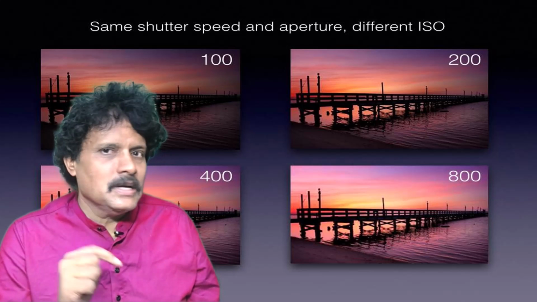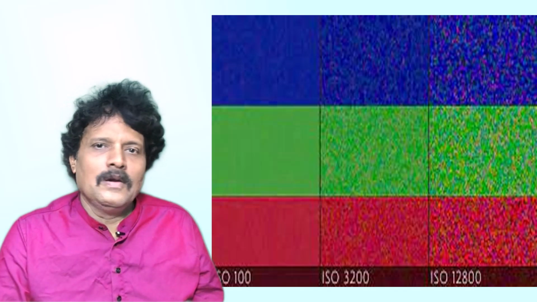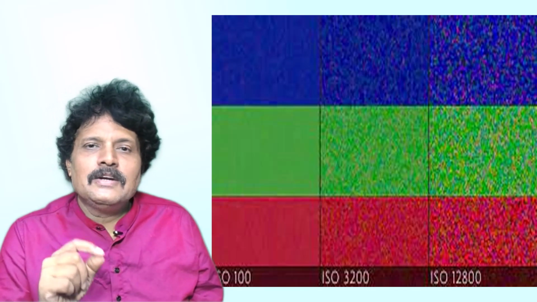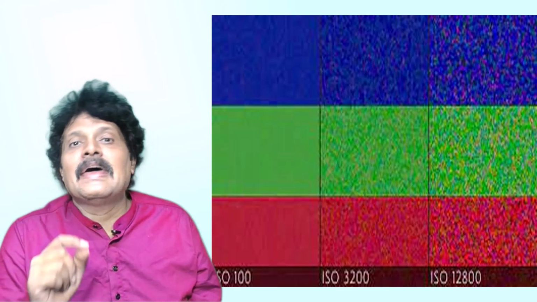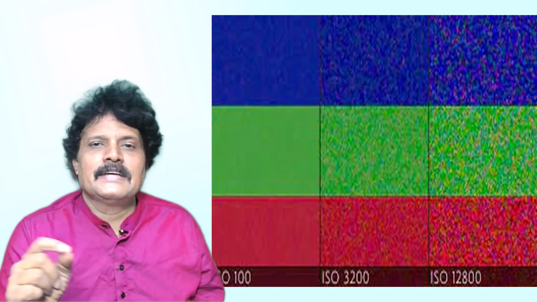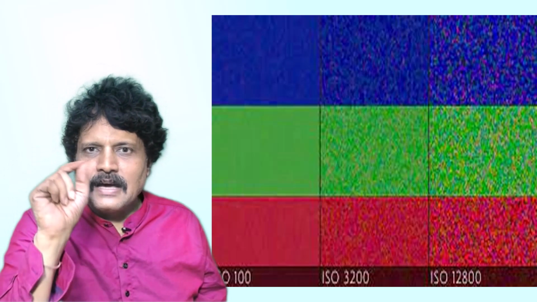However, this comes with a catch. As the ISO increases, even in old film, because of the dyes, we started to get grains, especially in gray areas or mid-tone areas. Say, for example, in areas below my neck, below my eyebrow, those gray areas used to appear as grains.